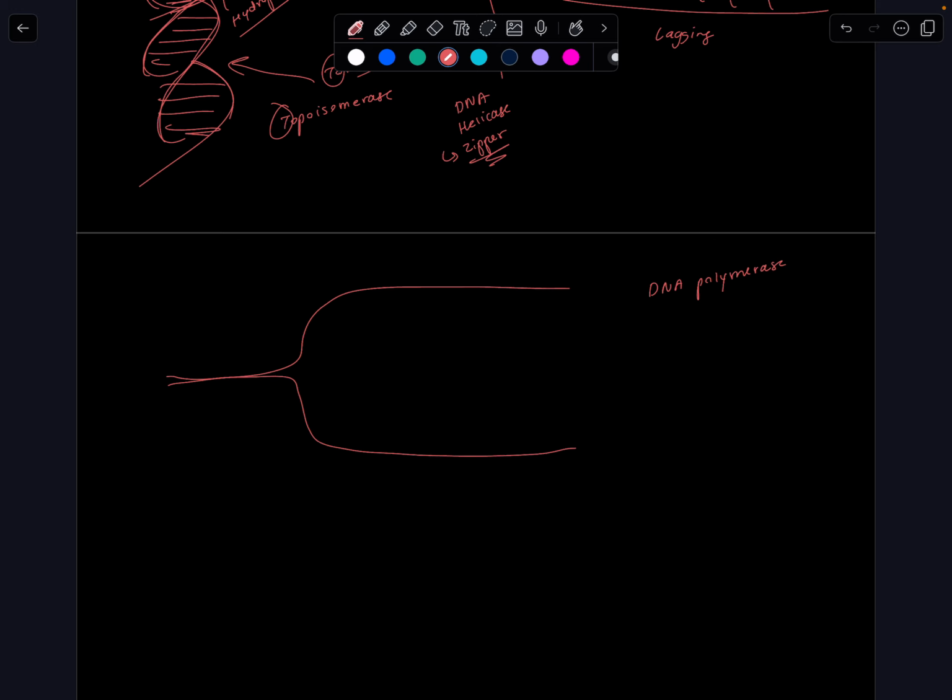As you know, DNA is always transcribed and read 5' to 3', and both strands of the DNA are anti-parallel. So if the top strand, our leading strand, is 5' to 3', then the bottom must be 3' to 5'. But when it gets read, it's still going to go 5' to 3', always.